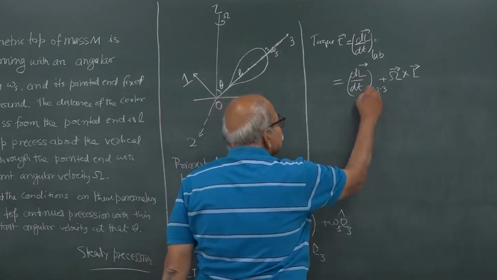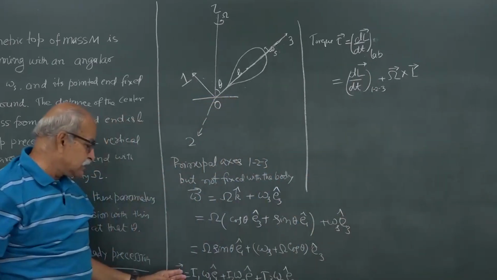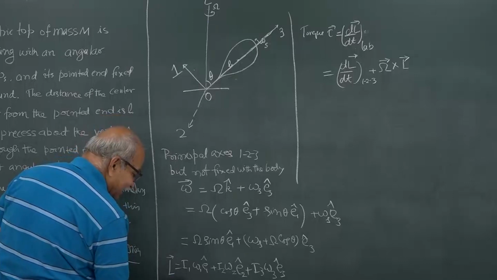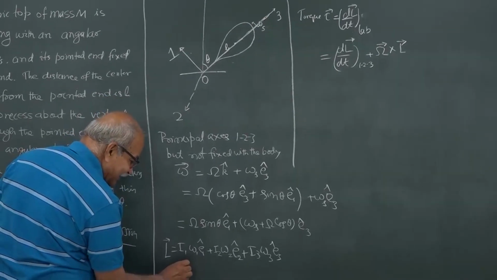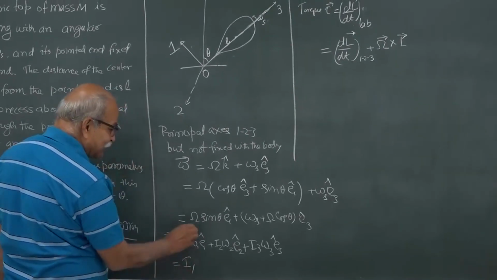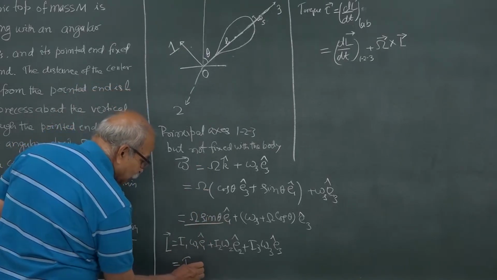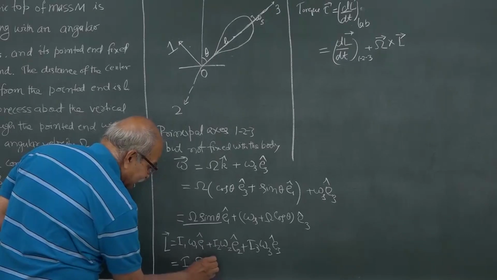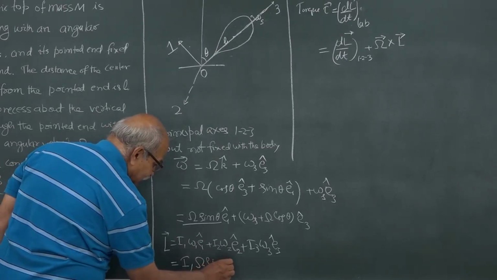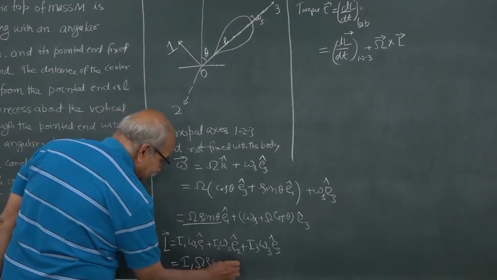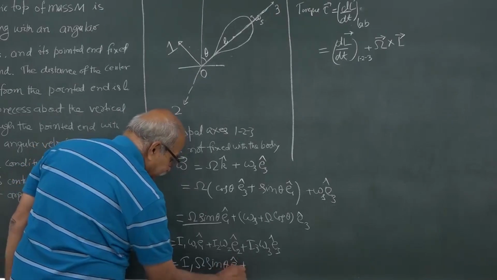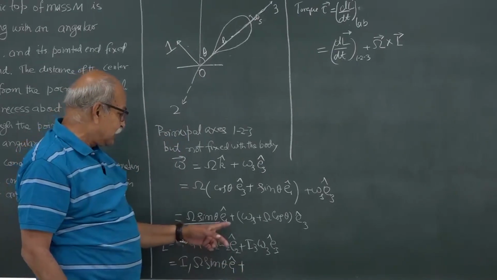What is dL/dt in the 1 2 3 frame? Here is L, this is equal to I1 times omega 1. What is omega 1? Omega 1 is this, so omega sin theta, and this is omega 1 E1 cap, plus I2 into omega 2. What is omega 2?